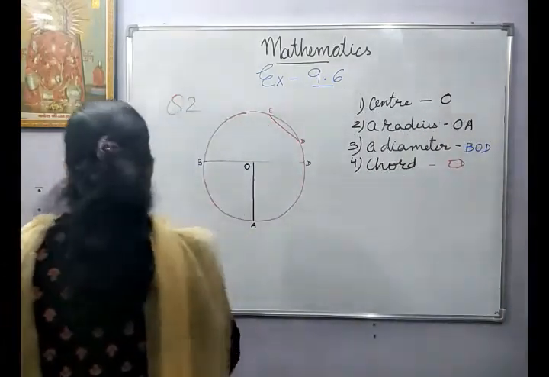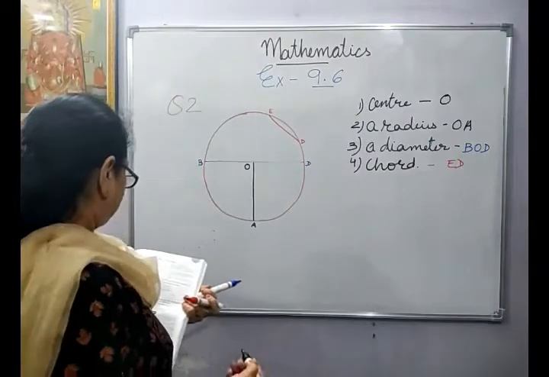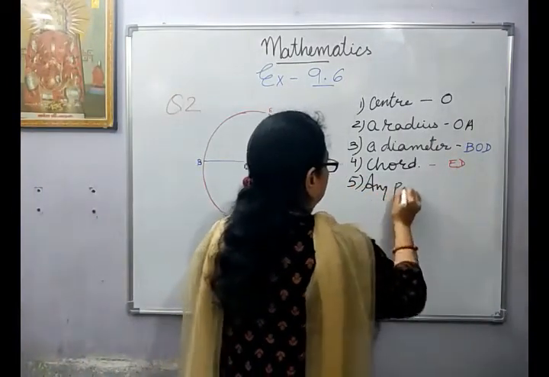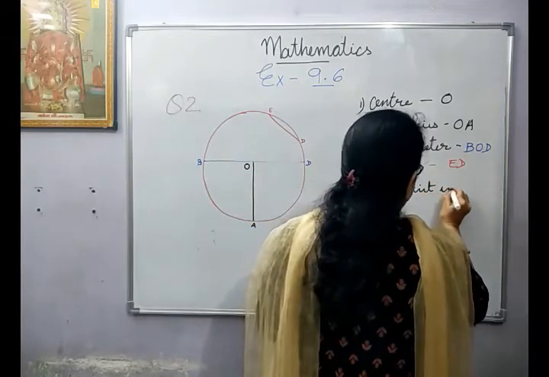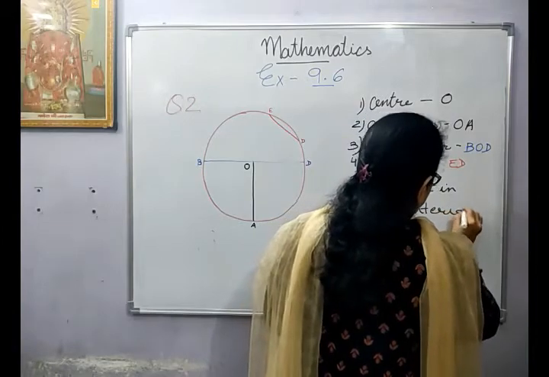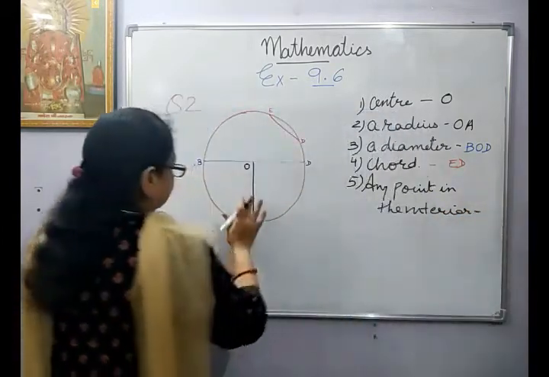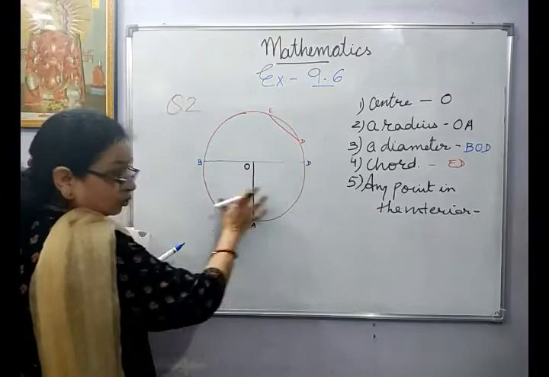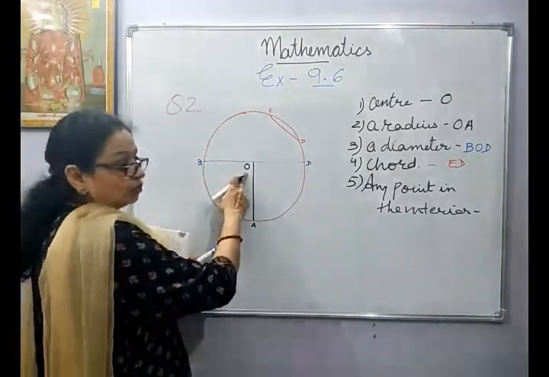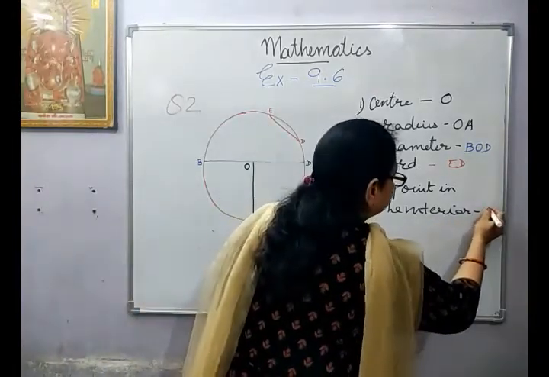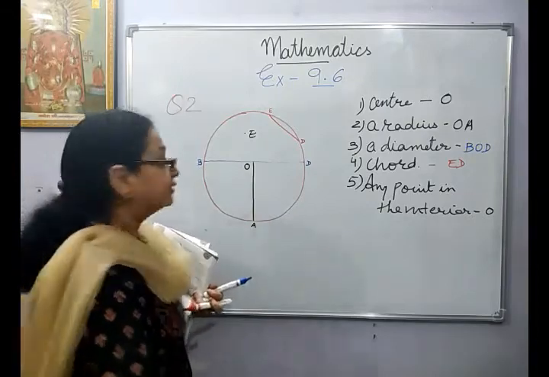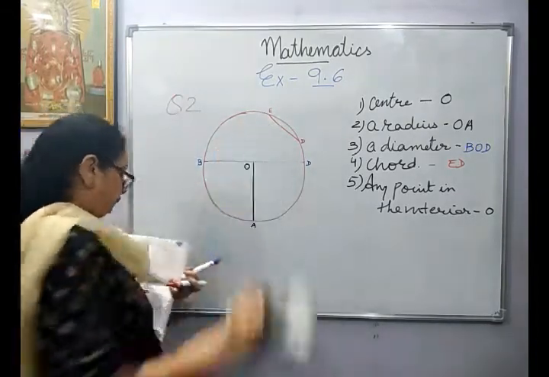Then the next is any point in the interior. Now, any point interior means the part which is enclosed in the circle, which is inside that circle, and you can easily see it's O. So we can write down O, or if you wish, you can take any other point like E. You write down E over there. Here we have taken O.